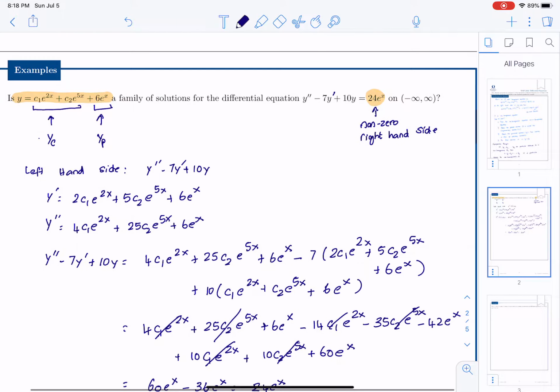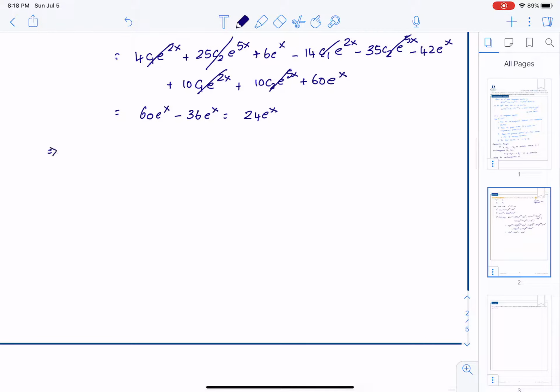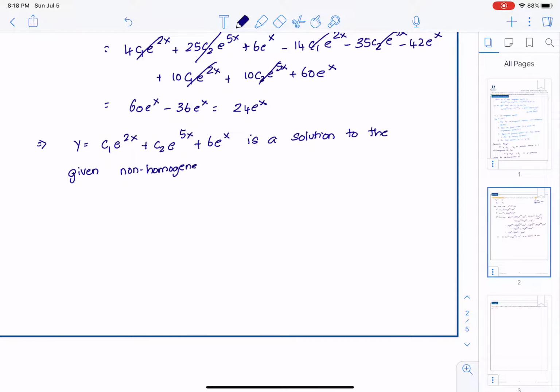And that is the non-zero right-hand side that is given in the problem. So y equals c1 e raised to 2x plus c2 e raised to 5x plus 6 e raised to x is a solution to the given non-homogeneous DE.